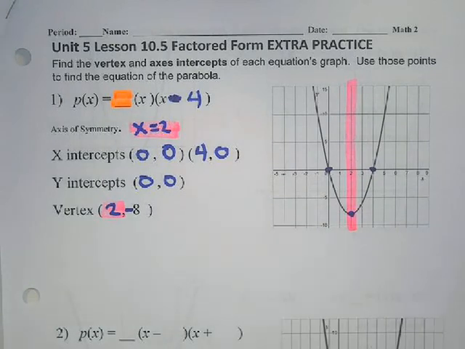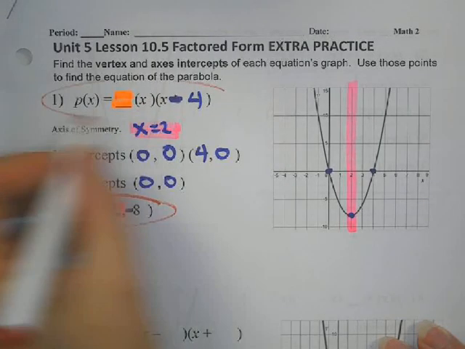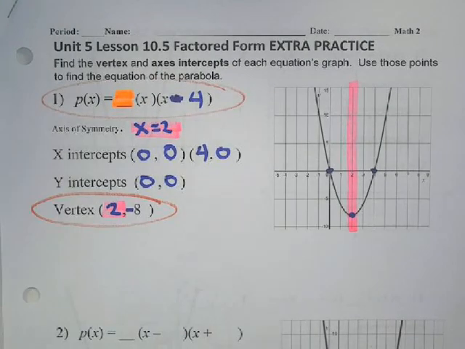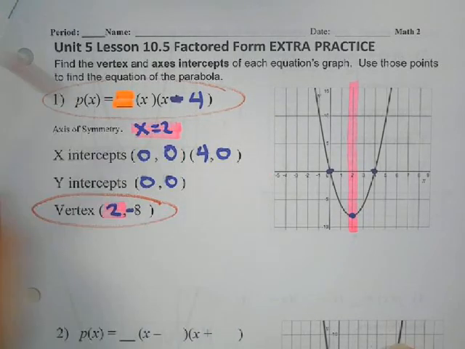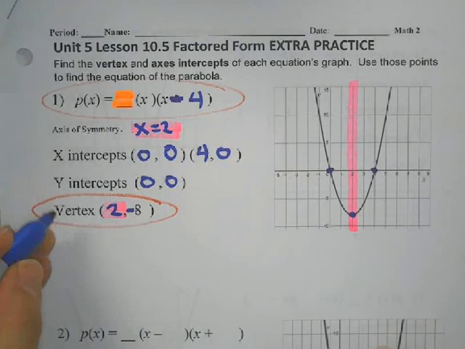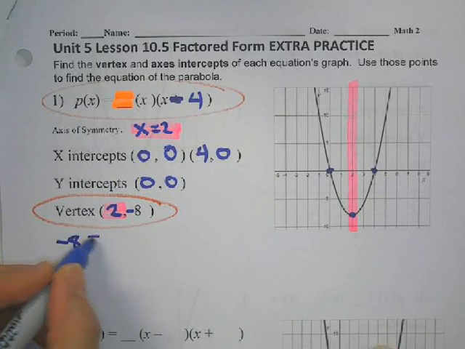So in order to figure out what it's going to be, I'm going to use this vertex. And I'm going to plug in 2 in place of x, and negative 8 in place of p of x. And then we're going to get our missing variable. So p of x, I'm going to plug in negative 8.